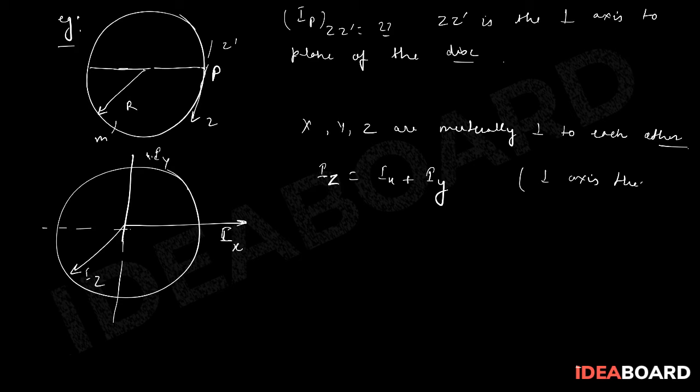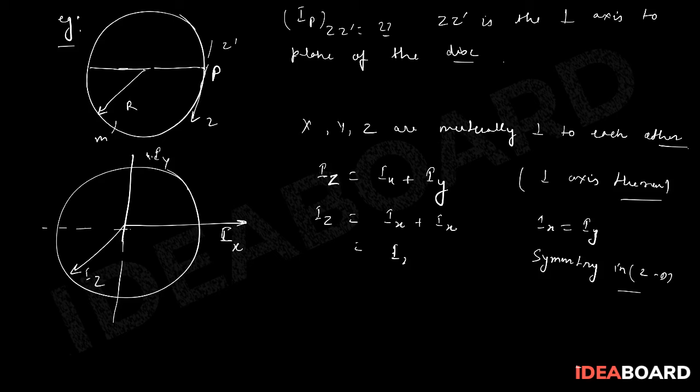Perpendicular axis theorem. But here this is a disk, so Ix and Iy will be the similar values because it's a symmetrical situation in 2D. Symmetry in 2D, right? That means instead of Iy I can write Ix, this is Iz.